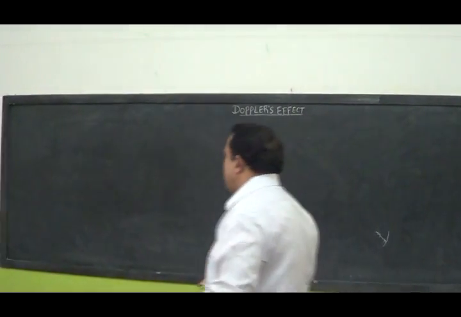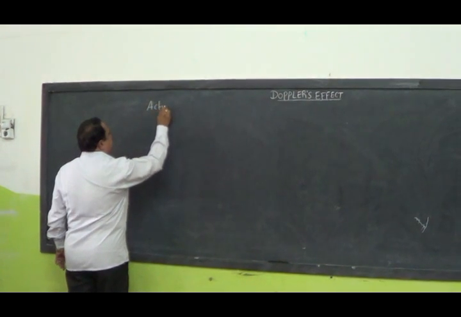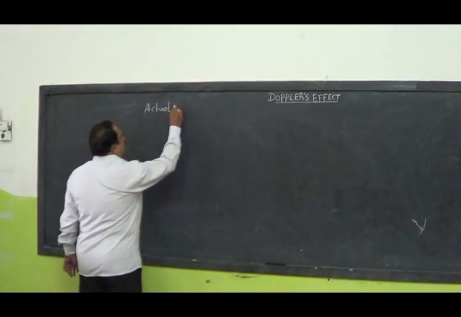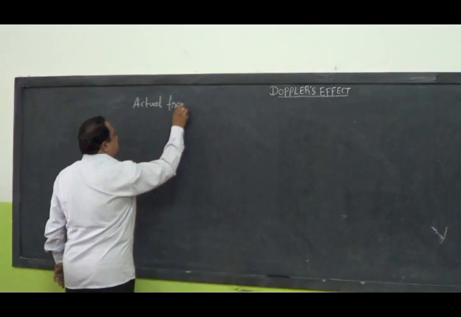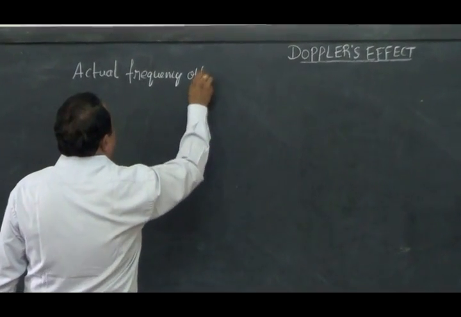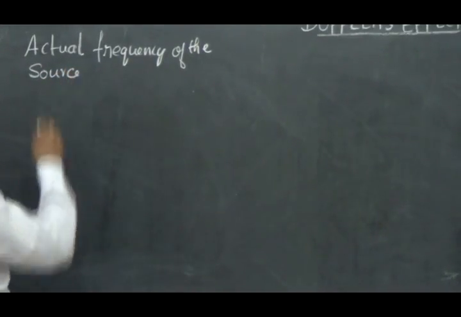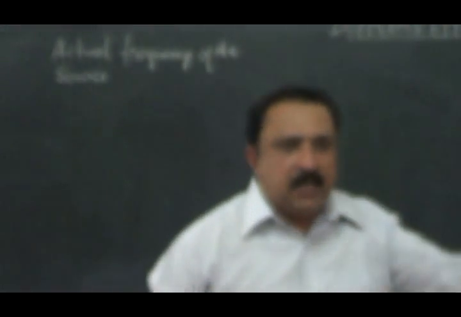See, here we have two things to note down. One is the actual frequency of the source. The source could be anything, maybe a whistling train or a sirening ambulance or a sirening fire engine, whatever it is.